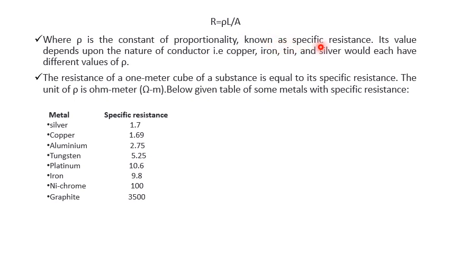which is known as the specific resistance. Now what do you mean by specific resistance? Each and every material has some specific resistance. Specific resistance is the resistance of 1 cubic meter of a substance. If you consider a substance or material of 1 cubic meter, that itself is called the specific resistance.